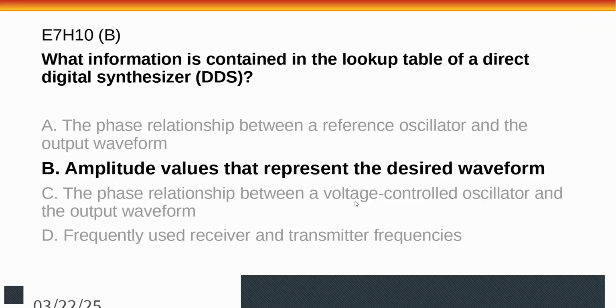In other words, you could actually reproduce a waveform if you ran it through an A to D and captured all those samples and put it in that PROM. You could totally reproduce whatever that was if you had some reason to do that.